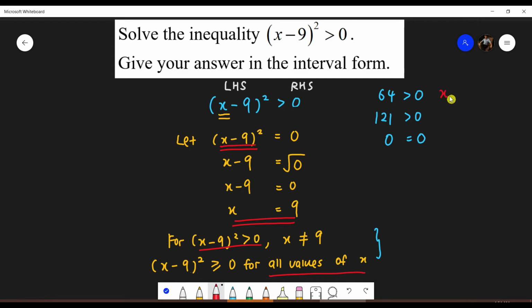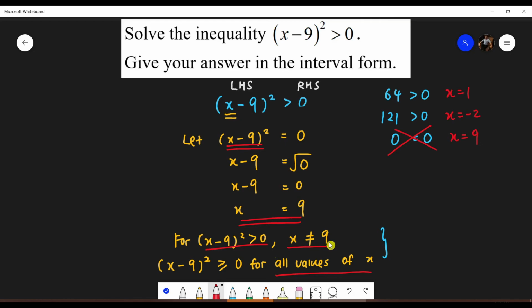Just like x = 1, we get 64 > 0, and if x = -2, we get 121 > 0, right? So those satisfy the inequality. But we don't want x = 9 because we will get 0 = 0. We don't want to see the equal sign. So for this inequality to hold, all x are acceptable except x = 9.